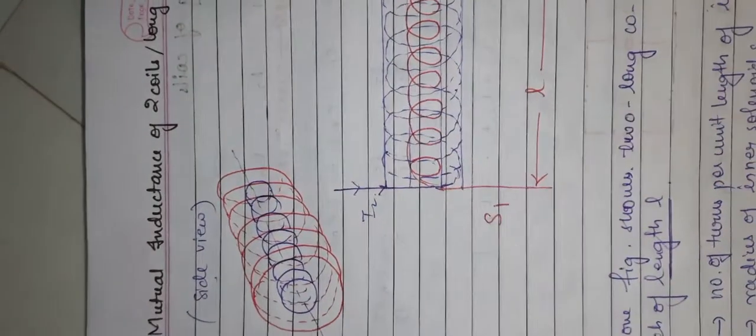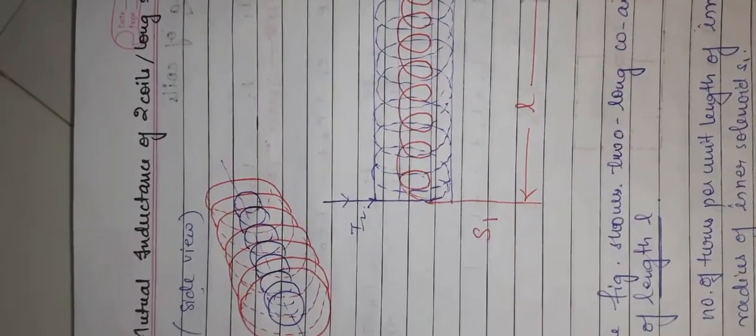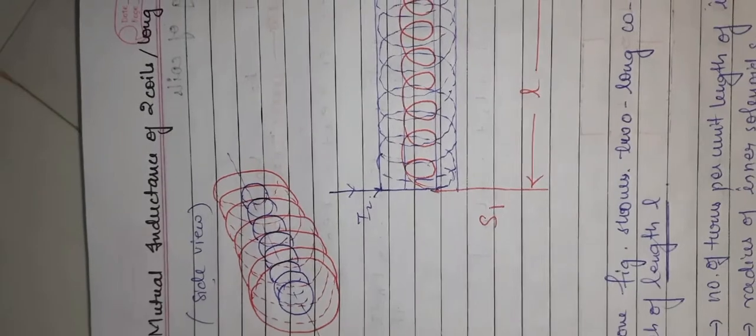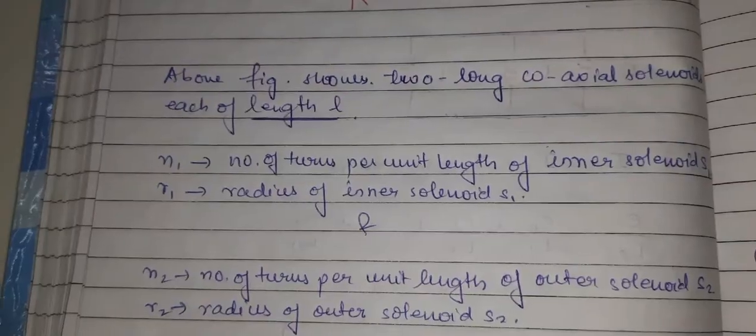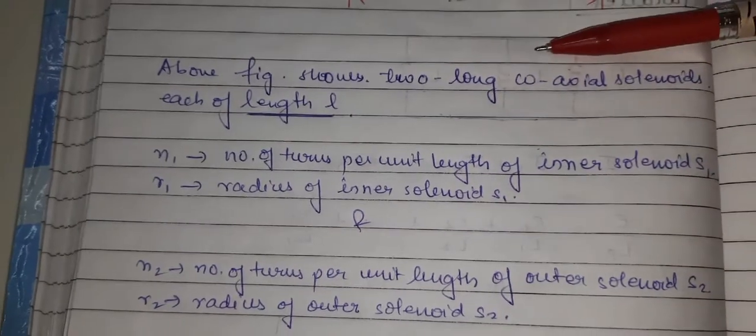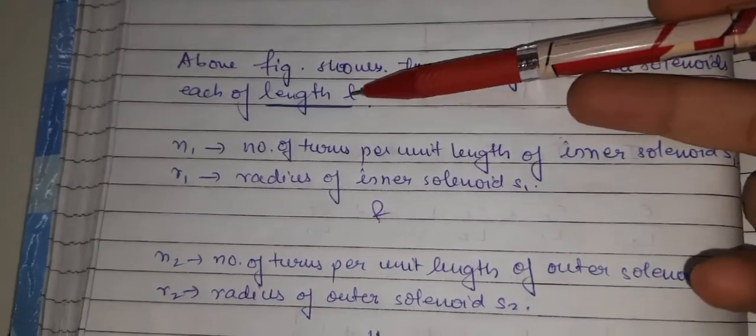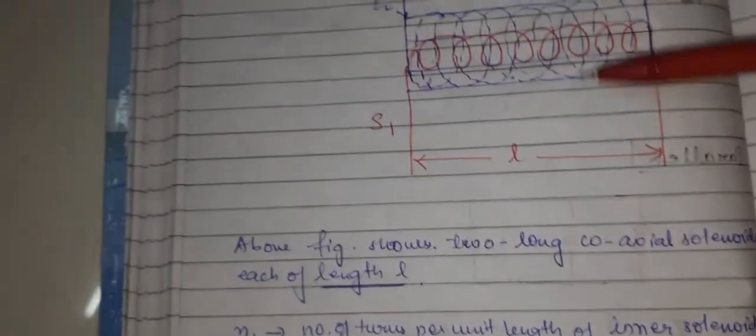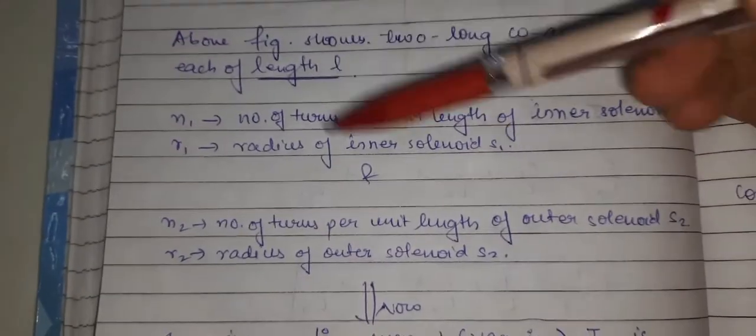Now, to follow the procedure for finding the mutual inductance, let me turn the camera. Here you can see from the figure two long coaxial solenoids, each of length L. What do we need to assume?